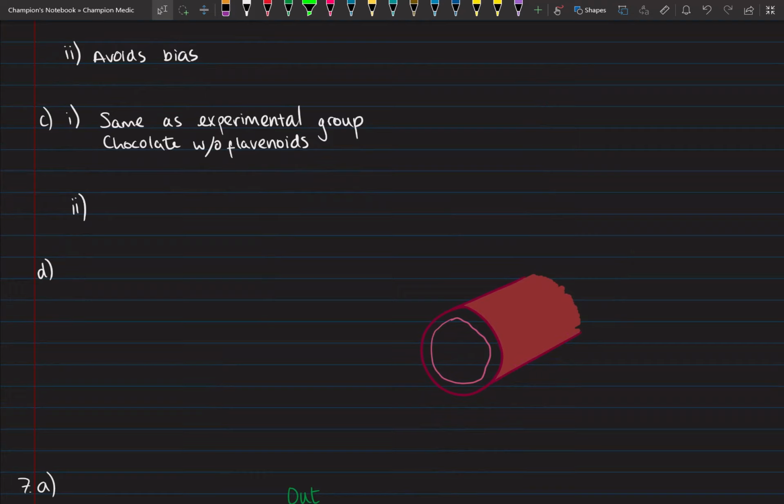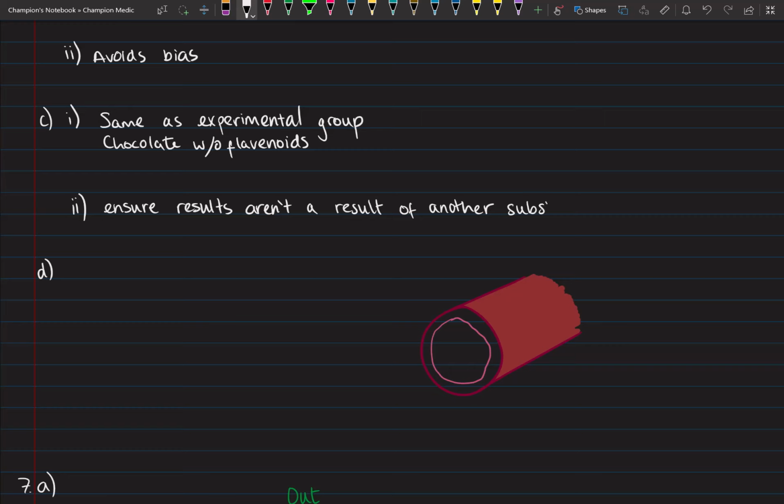Part 2. Why is it important? Like, what is the importance of having a control group? It is to make sure that the results that you obtain aren't due to another factor or another substance in the chocolate. And unfortunately, with this question, the mark scheme says you have to be really specific in terms of mentioning that it cannot be due to another substance or factor in the chocolate.